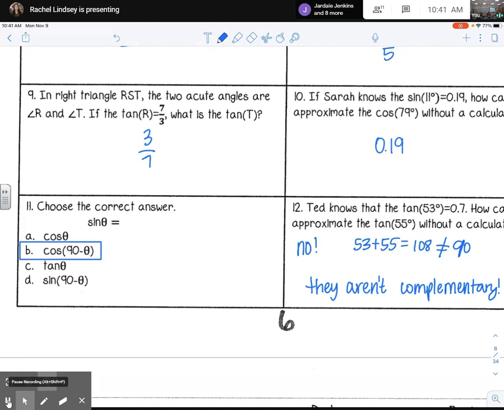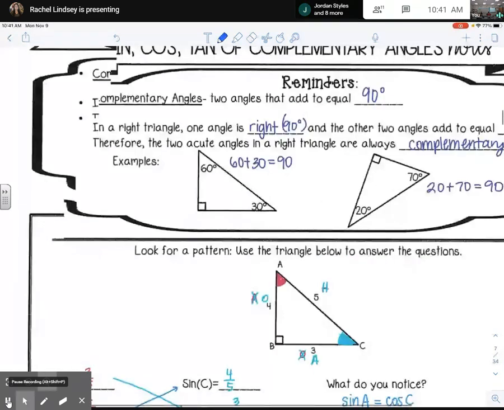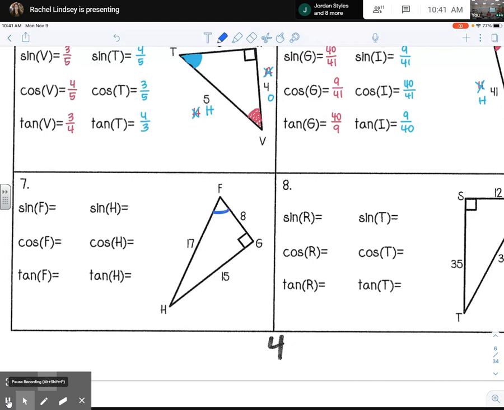So, if I go back to the bottom of page 4, if I find sine of F, so this is opposite, that's not adjacent, that's not hypotenuse. And then this is adjacent. So sine of F will be 15 over 17. So what would cosine of H equal? 15 over 17.